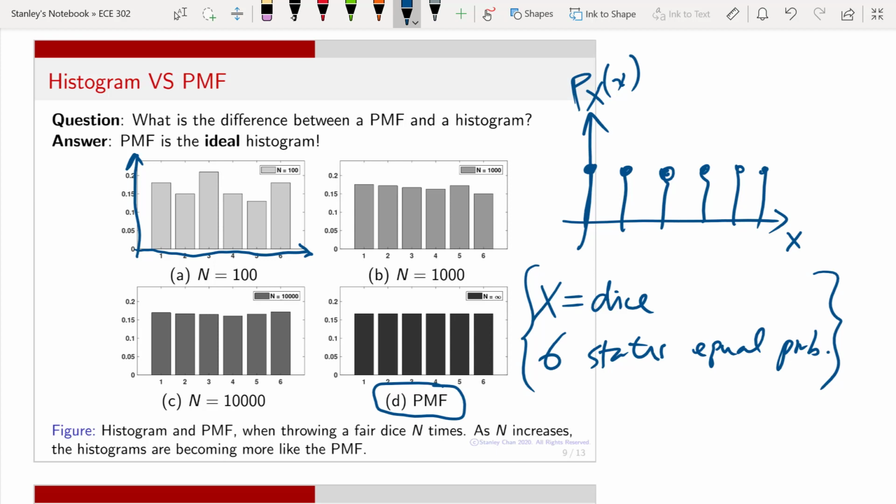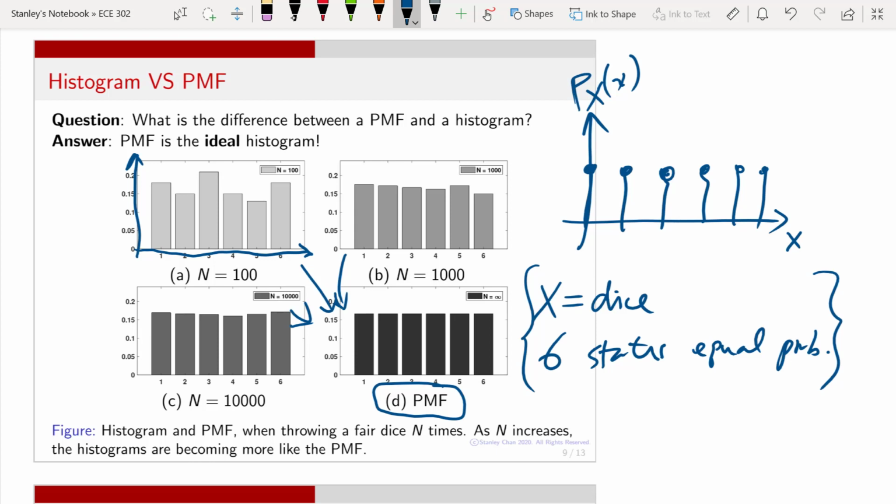And the relationship between this one and the other ones is that this is the limiting histogram, or we call it the ideal histogram, where the number of trials goes to infinity. And you can see why this is true, because as n goes to infinity, the random fluctuation for each particular state becomes smaller and smaller. And so ultimately, the histogram will converge to the true probability mass function.